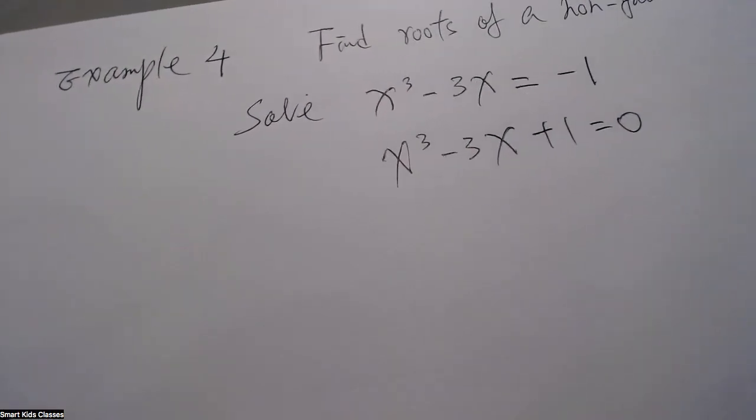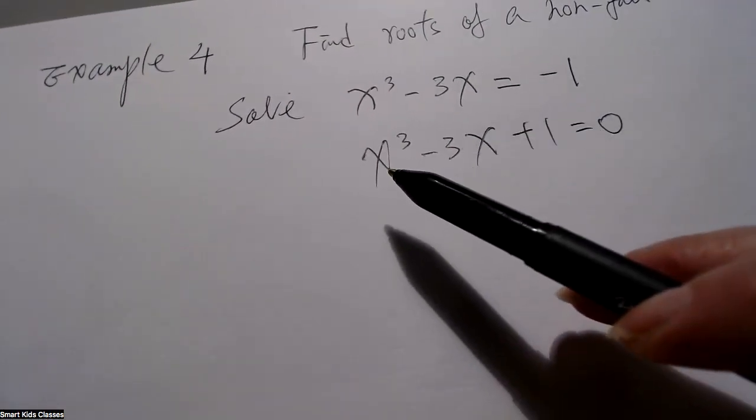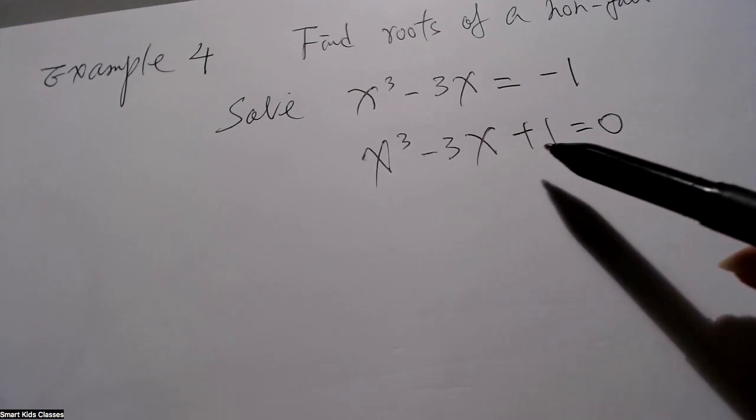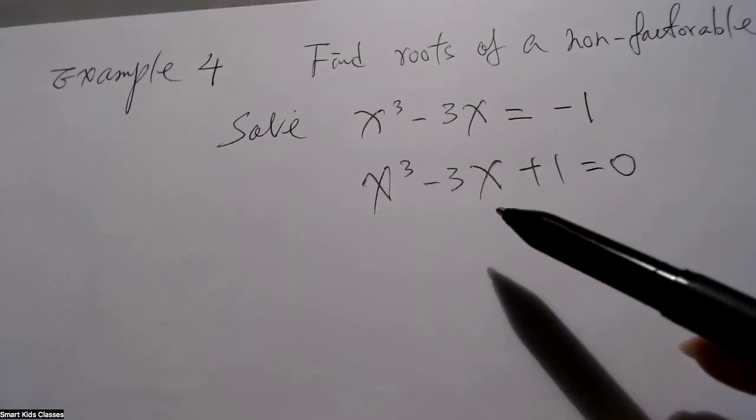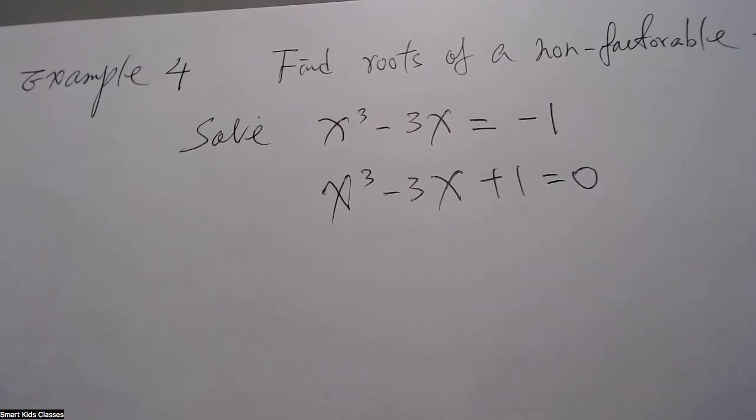Can we find the factor? The candidates are positive 1 and negative 1. When you plug them into the equation, they both are not factors. Therefore, the root has to be a decimal. We are going to use a graphing calculator to find it.